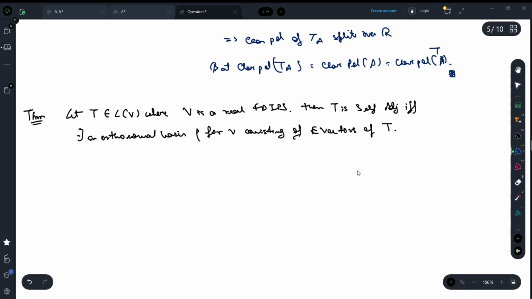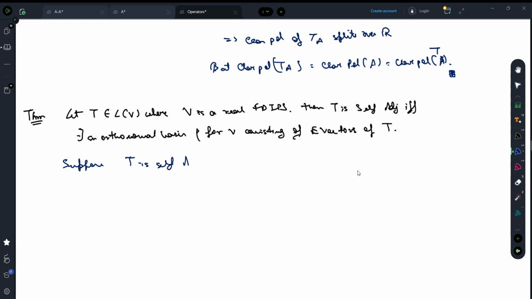Okay, and the proof is fairly simple. Why is it simple? We just do it in this way. Suppose T is self-adjoint.